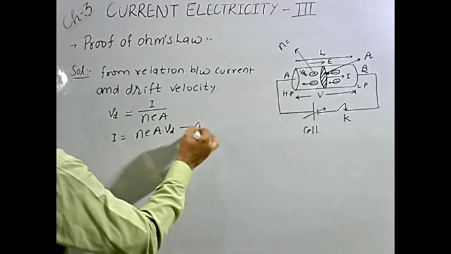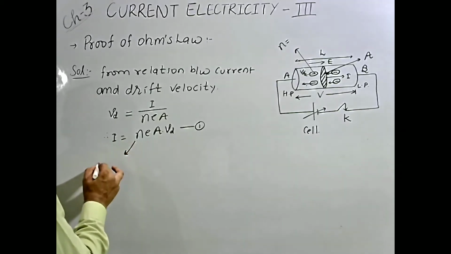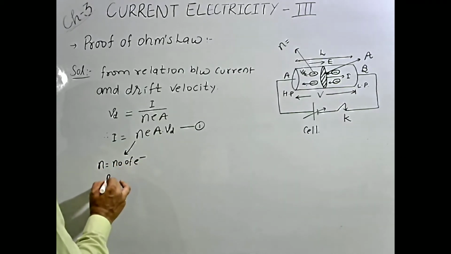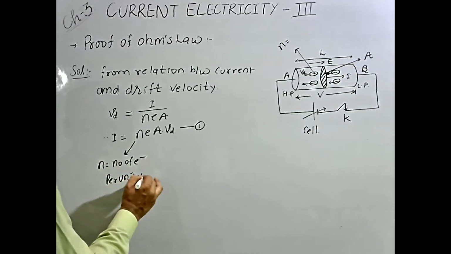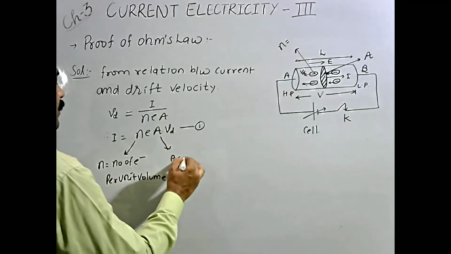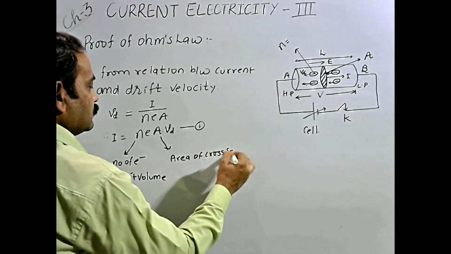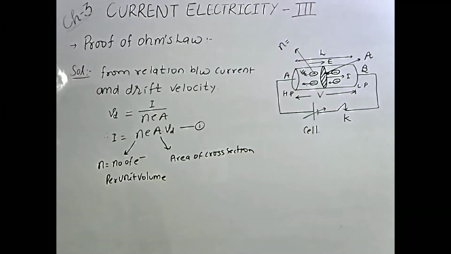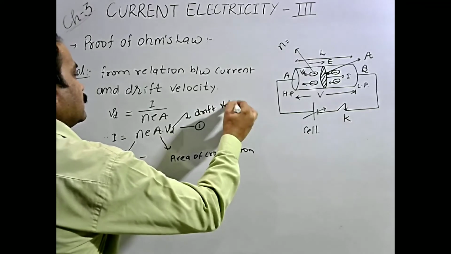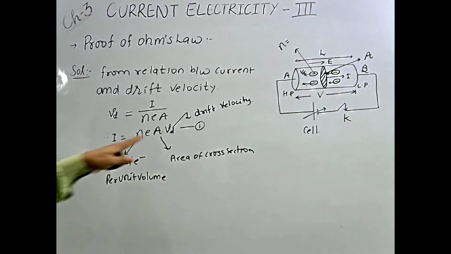This is the first equation, where n is the number of electrons per unit volume, A the area of cross section, and Vd the drift velocity of free electrons. Clear? So this is the first equation.